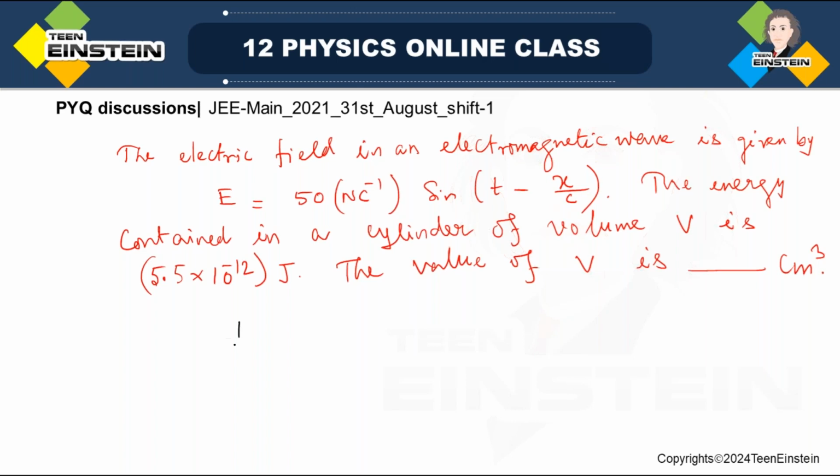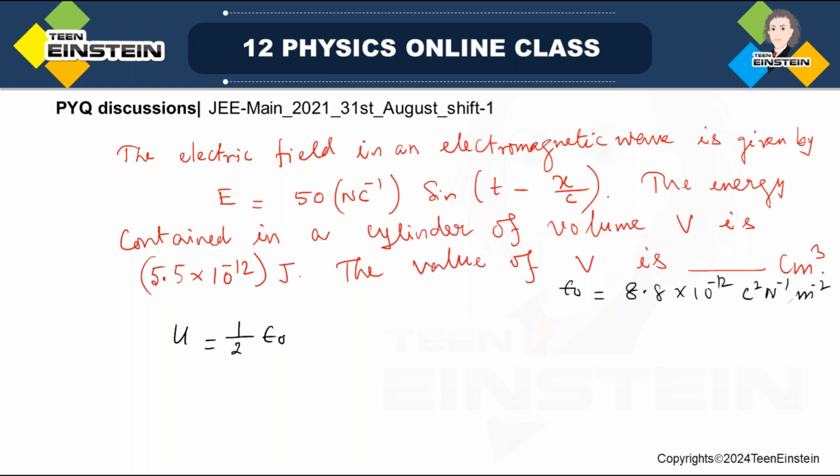Small u is equal to half epsilon naught E naught square. Here epsilon naught is given: 8.8 into 10 to the power minus 12 coulomb square per Newton per meter square.